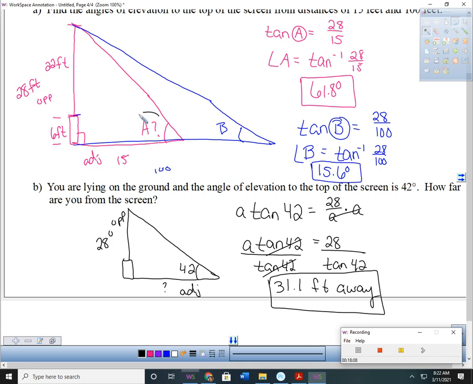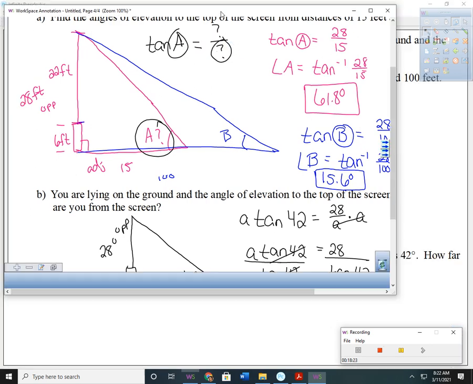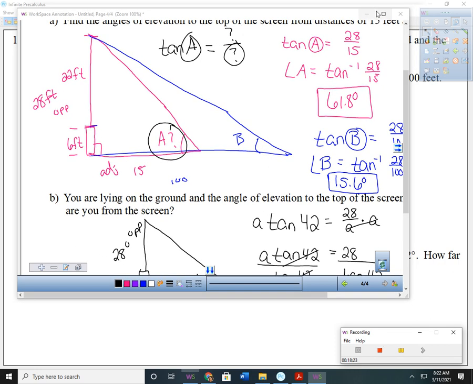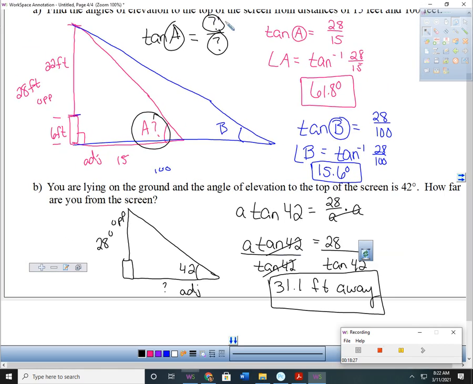Because I identify what I'm trying to find. If this is what I'm trying to find, then I need two pieces of information. Because in every problem, there are three pieces of information. You've got an angle, that's one piece, and then you have something over something. So you have three things total, in every problem.